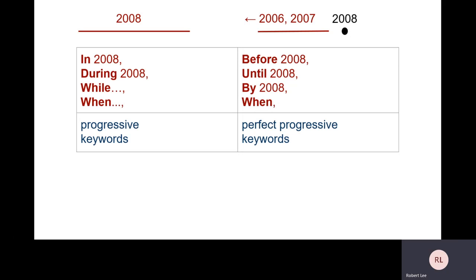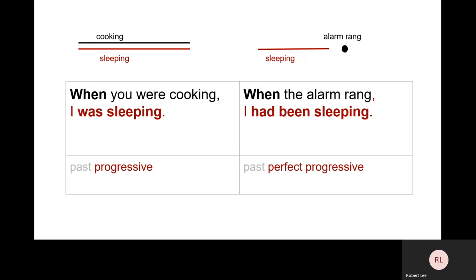Here are some more key words that you can look out for to see if you should be using the progressive tense or the perfect progressive tense. But it really comes down to the meaning.